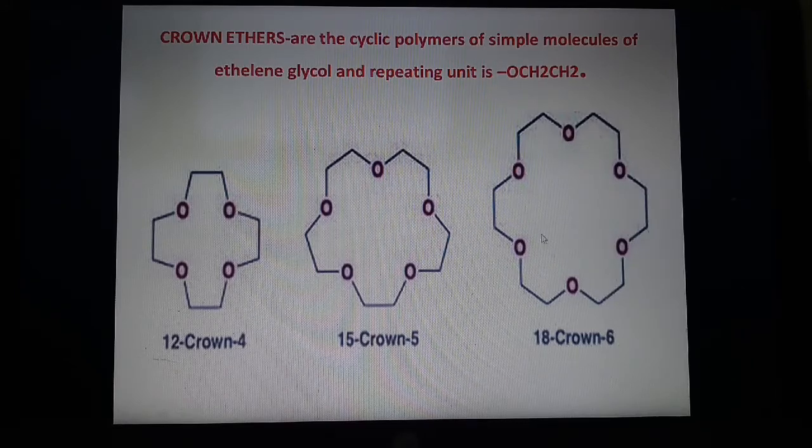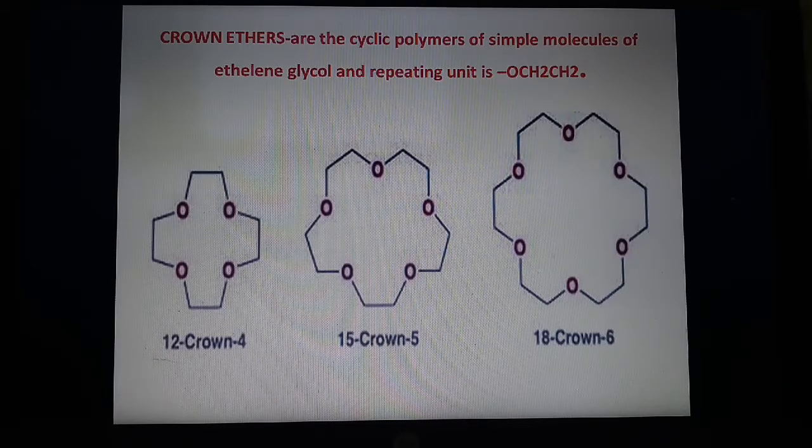Similarly, here you can have 6 oxygen atoms and 12 carbon atoms surrounding it. So 12 plus 6 is 18, and 18 crown 6 because 6 oxygen atoms are present. This is how we name the crown ethers as 12 crown 4, 15 crown 5 and 18 crown 6.